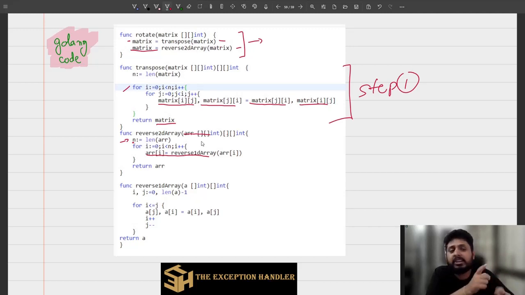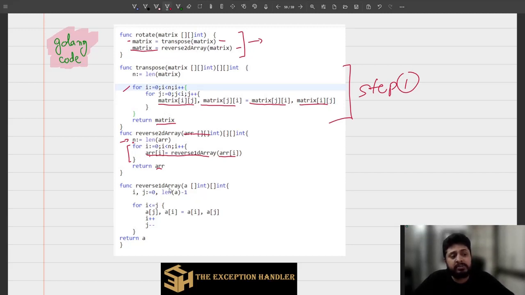We are calling it for a particular row, passing that row and getting it back. Here also we could have used pointers, but I was trying to avoid pointers so that it is easier to understand. After it runs for the complete rows, I'll return the array, and then the in-place 90-degree rotation is done.